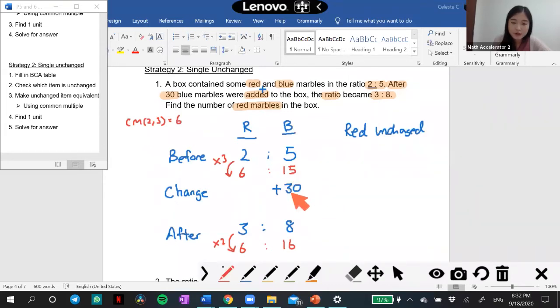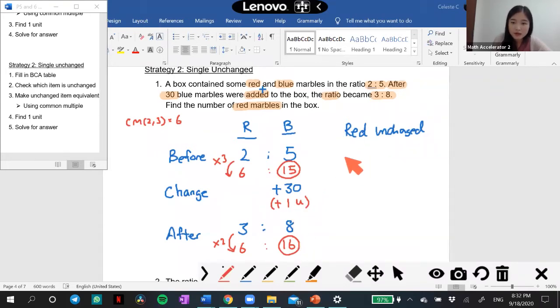After your ratio is equivalent, we can now compare. Before you have 15 for the blue, and at the end you have 16 units. So what is the change here? How many units do you add to get 16? Okay, thank you. 1. 15, you need to add 1 unit to get 16 here.